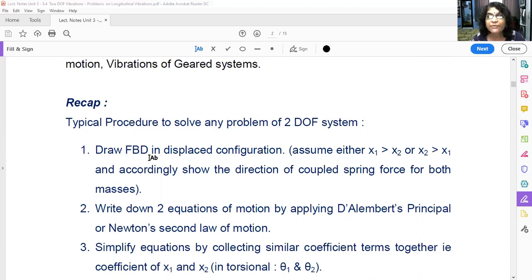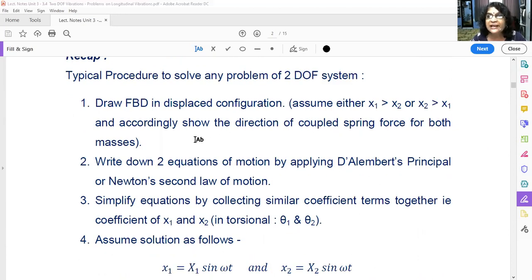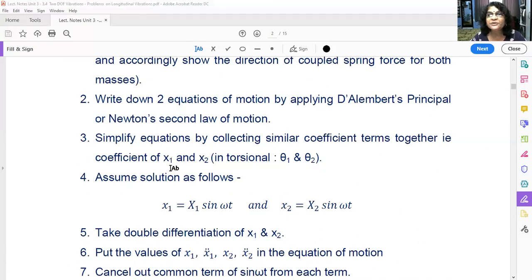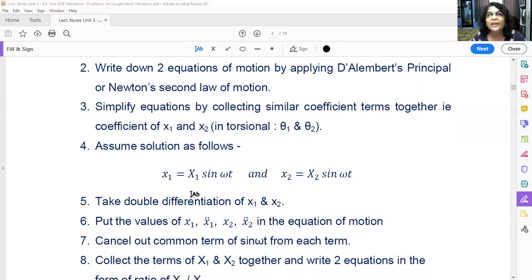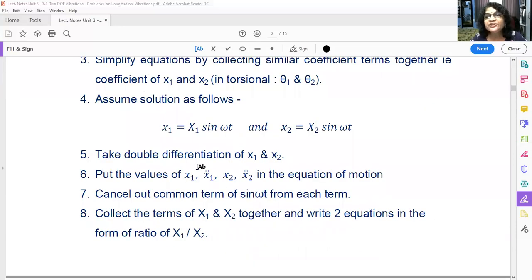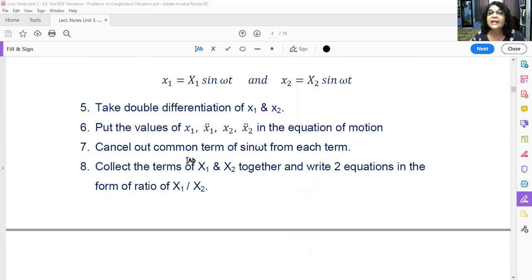First, you have to draw the free body diagram, then apply Newton's second law or D'Alembert's principle, then write down 2 equations of motion, then simplify the equations, collect the coefficients of x1 and x2, then assume the solution like this, then take double differentiation, put the values of x1, x2, x1 double dot, x2 double dot in the equation of motion, then cancel out the common term sin omega t and collect the terms of capital X1 and capital X2, that is the amplitude of vibration of both the masses.